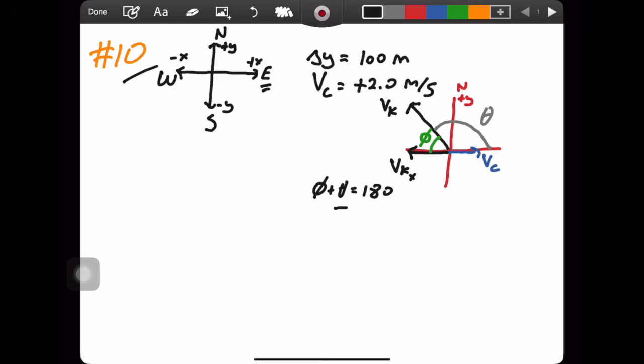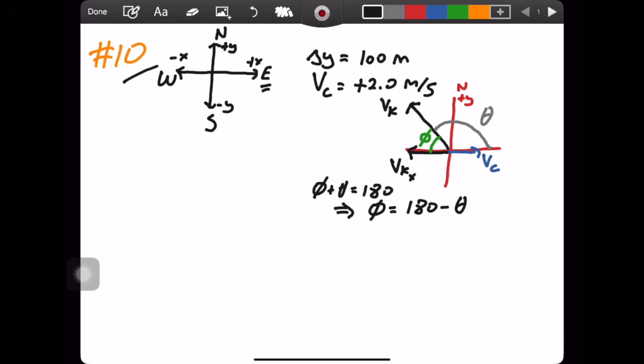And so therefore, if I want to isolate phi, I'm going to subtract theta from both sides, meaning that phi is equal to 180 degrees minus theta. This is going to be important later on because there's an important lesson about knowing how theta is defined when using these trig functions.